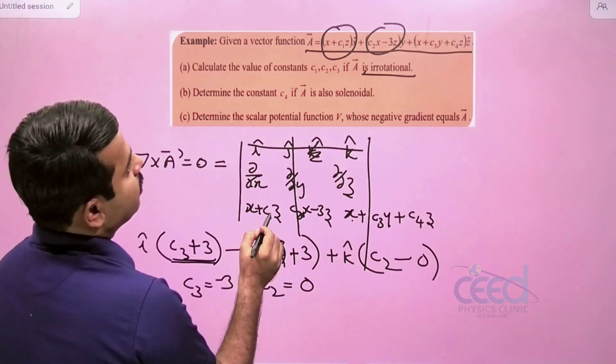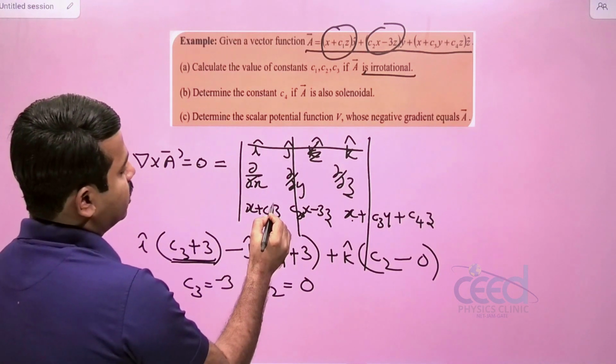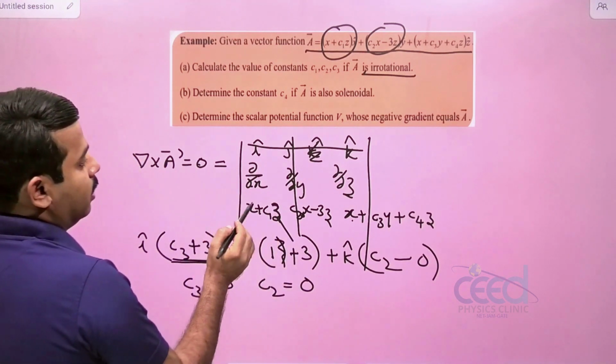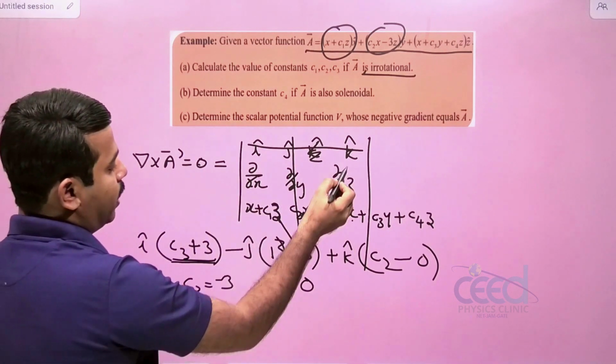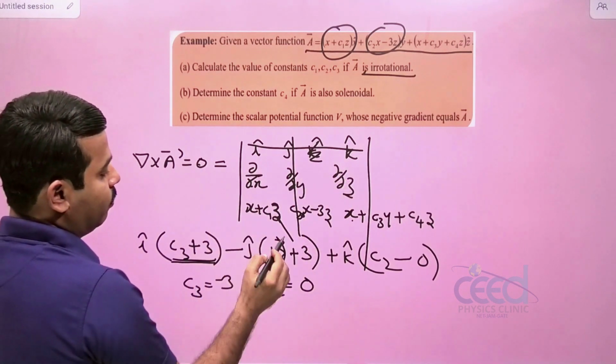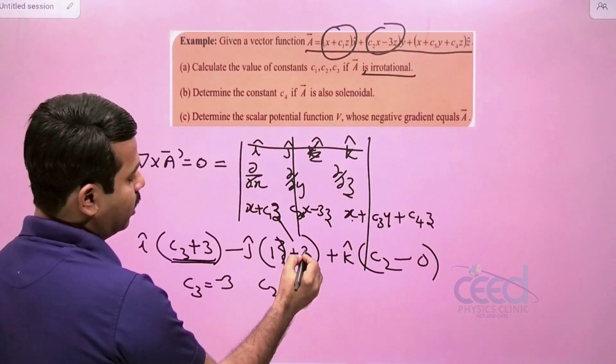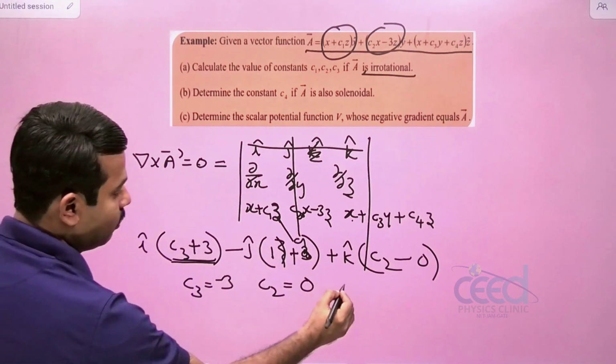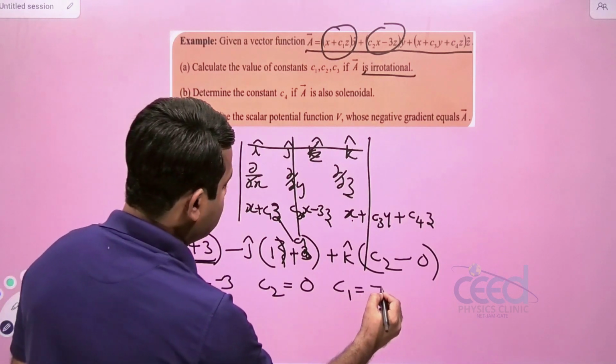Here this is actually C1z, I am sorry, then this minus this, so whatever we get is C1 only. Then C1 should be minus 1.